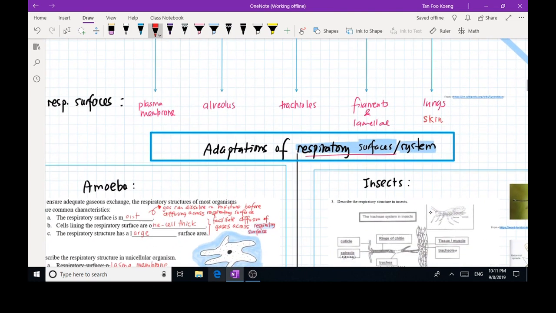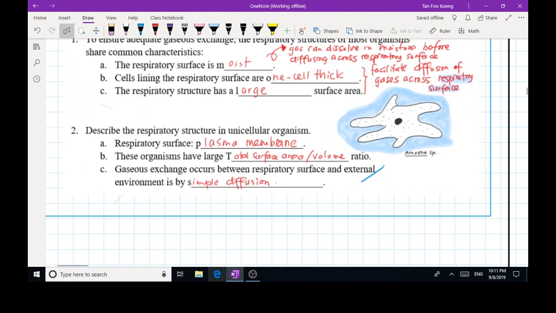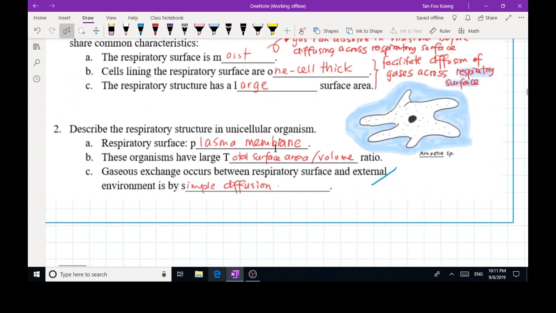Now, let's move on. So what are the adaptations of the respiratory surfaces in amoeba? Now, if you look at amoeba, amoeba is small, so that's why the total surface area over volume ratio is very, very high. So basically it has more total surface area as compared to its volume.